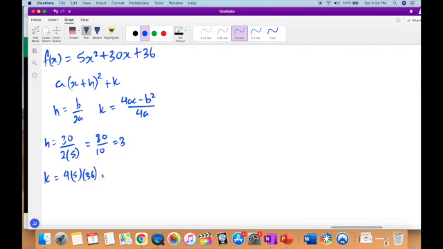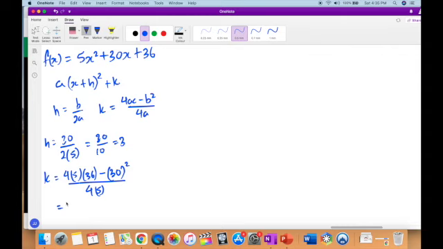That's a big number. Minus b, 30 squared. So I square the 30 first and then do the minus, right? Divided by 4a. I wish I had a dependable calculator.